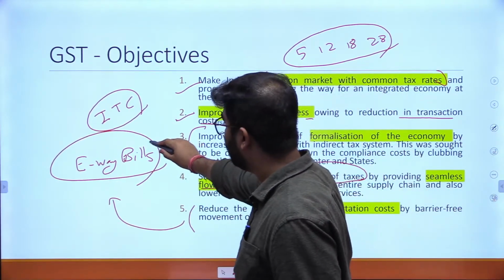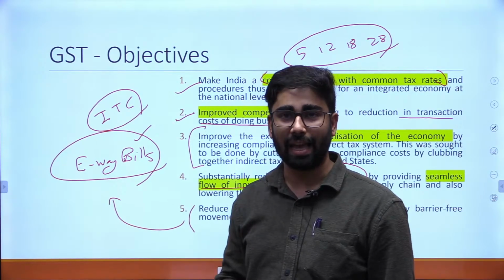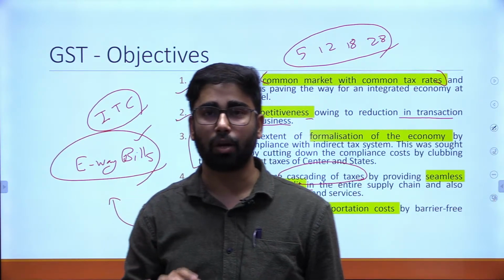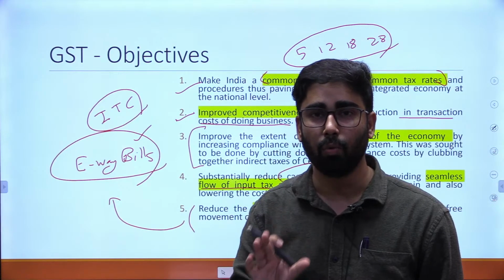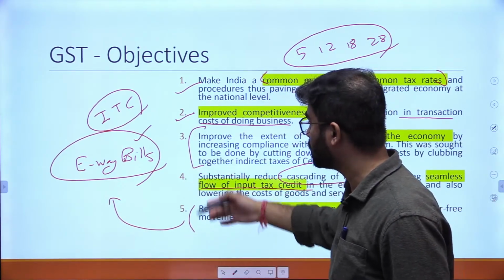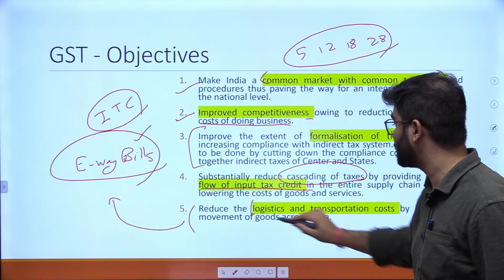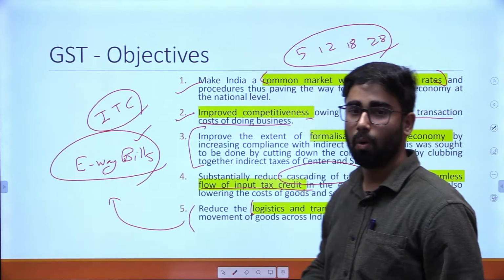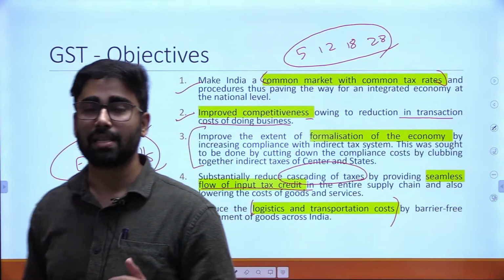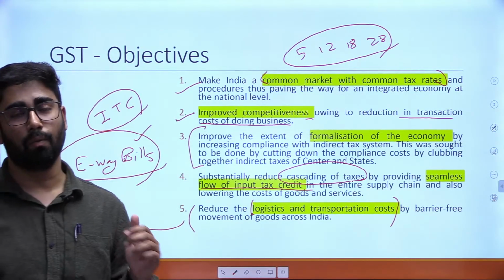Now because of e-way bills, all this is digitized, and because of that there can be seamless movement of goods across the borders of the state. तो इससे क्या होगा? Logistics and transportation costs will reduce.